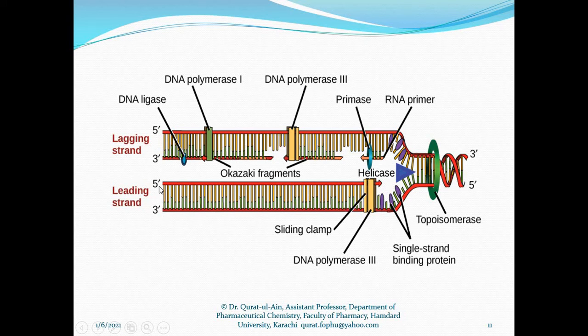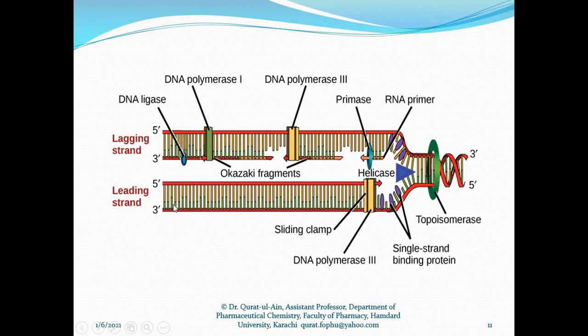So DNA polymerase 3 synthesizes DNA always from 5 to 3 prime. It is a rule of replication that DNA synthesis always goes from 5 to 3 prime.